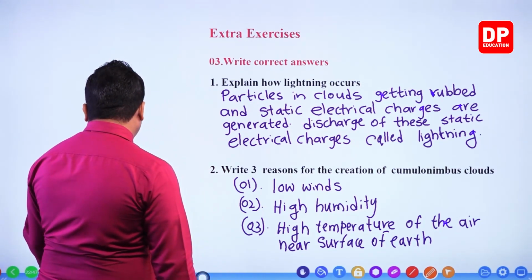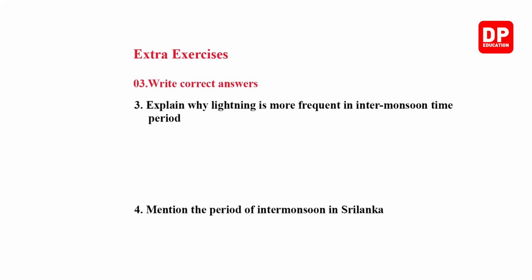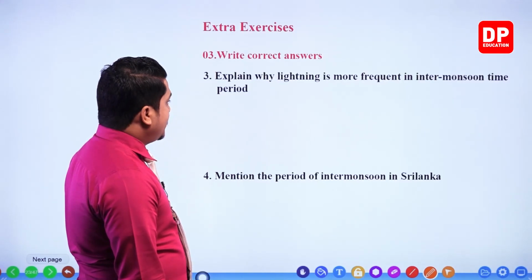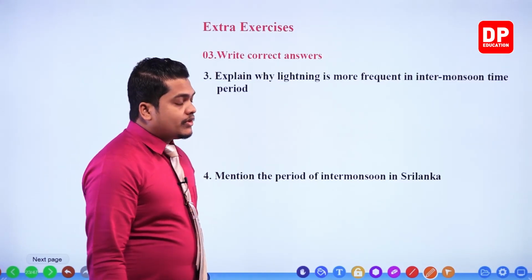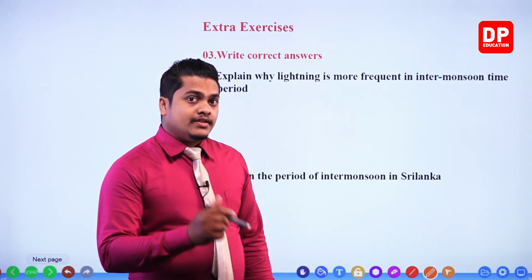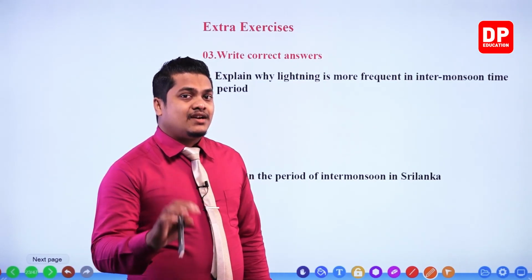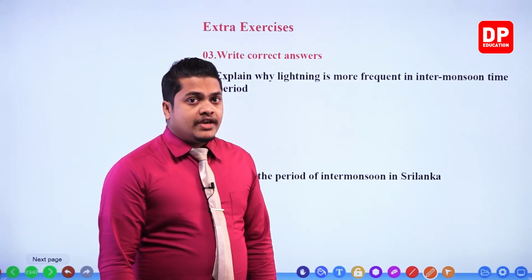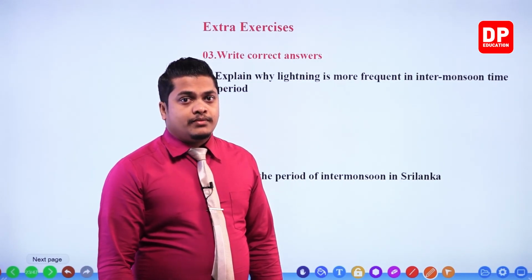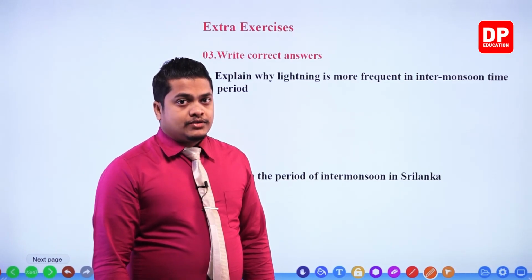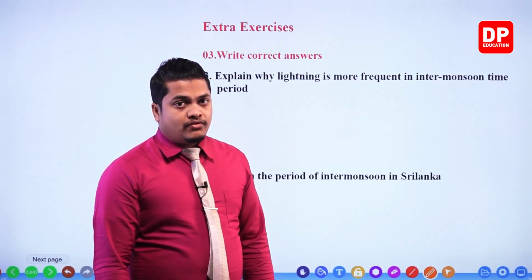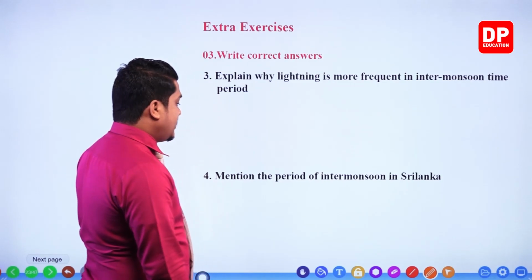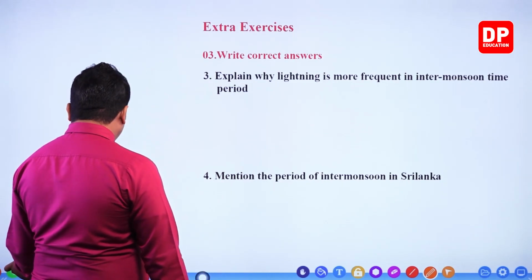Next question. Explain why lightning is more frequent in the inter-monsoon time period. So during that time period, my dear children, the earlier 3 cases occur more frequently. So therefore, creation of cumulonimbus clouds would be high. So that's the reason for the creation of lightning. Let me take you to the previous slide once more.